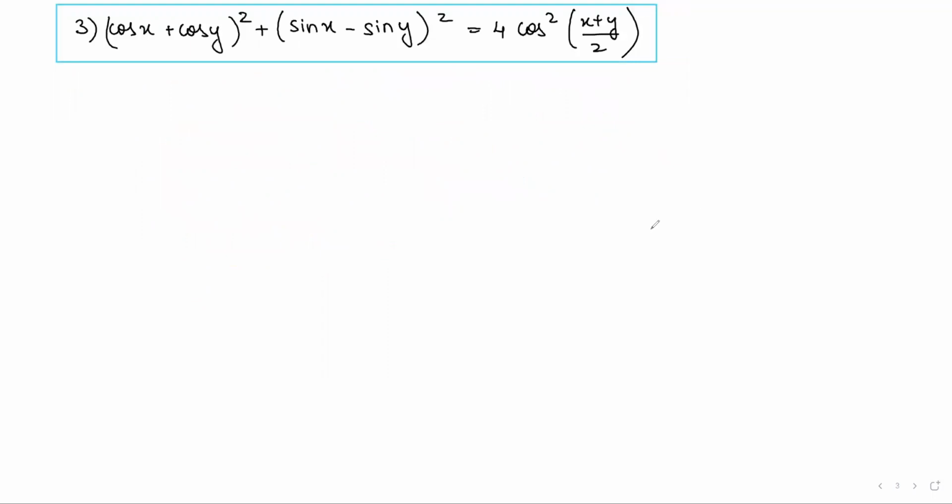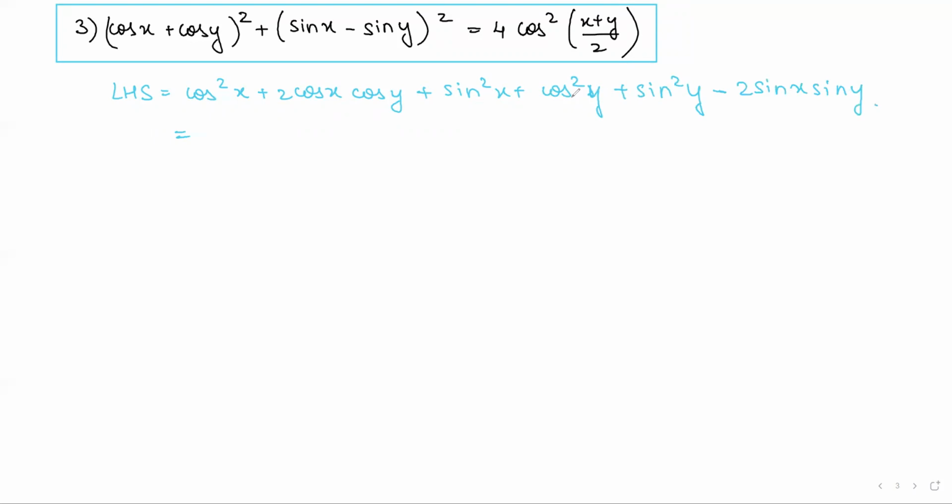Next, cos x plus cos y whole square plus sin x minus sin y whole square. LHS is equal to, let's expand it, we'll get cos square x plus 2 cos x cos y plus cos square y plus sin square x plus sin square y minus 2 sin x sin y.